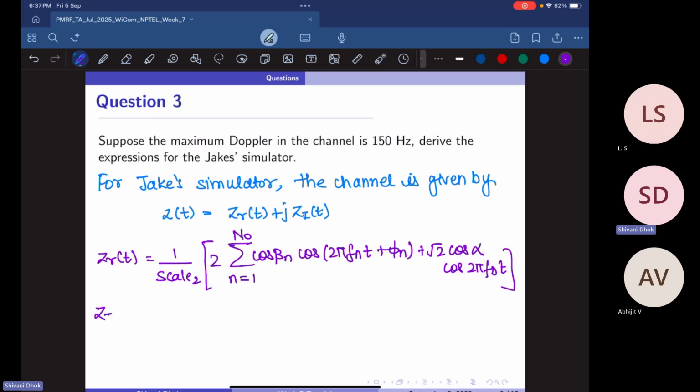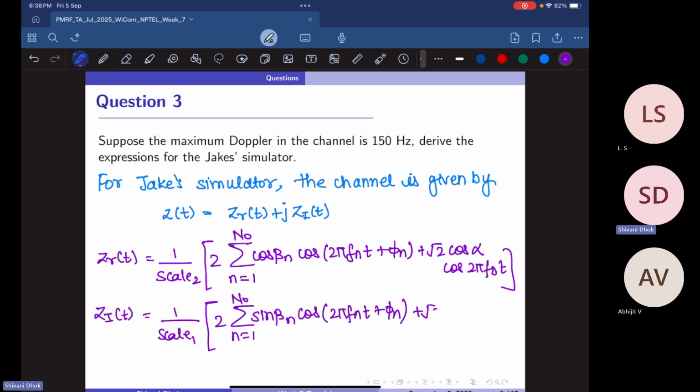And your imaginary part zi(t) is 1 over scale factor 1 into 2 times summation n equal to 1 to N naught sine of beta n cos of 2 pi fn t plus phi n, plus under root 2 sine alpha into sine 2 pi fd t.